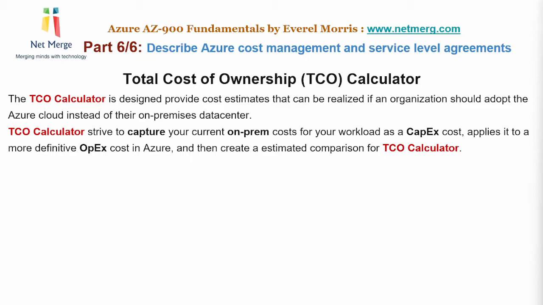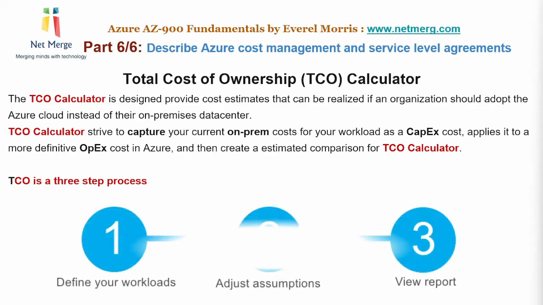So understand that. Now, there are three steps or processes that you need to follow when using the TCO calculator, and we're going to look at them in just a moment. There it is. So first, you want to define your workloads and what type of resources you're going to need in the planning phase before you migrate into the cloud.